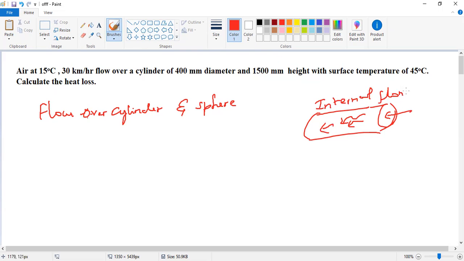Then the flow of fluid over the outside represents the external flow. So only the flow is in the opposite section. Even so, internal and external flow are both possible in a cylinder.